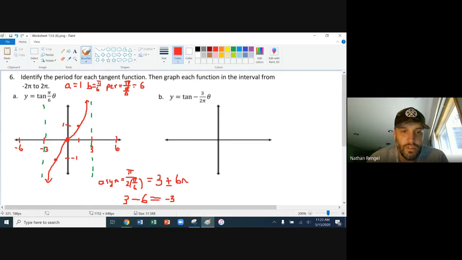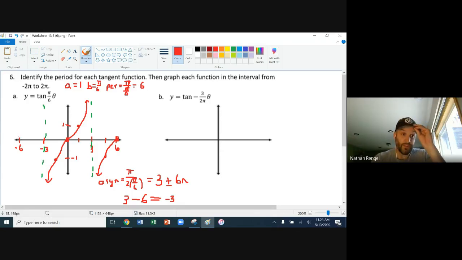Next, we'll head to the next cycle, which is going to occur at 6. So I can't go beyond 6, so I'm going to go backwards. Just graph the lower part of the cycle, which is going to be right there, heading to that asymptote. So there's my asymptote that I'm approaching and the left part of my cycle.